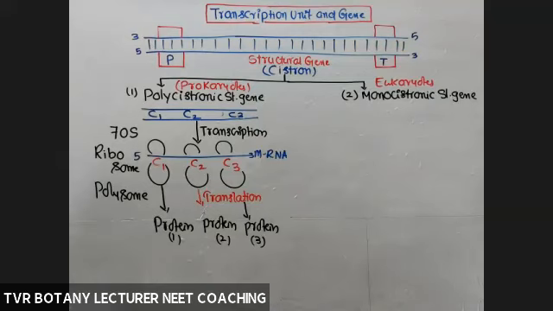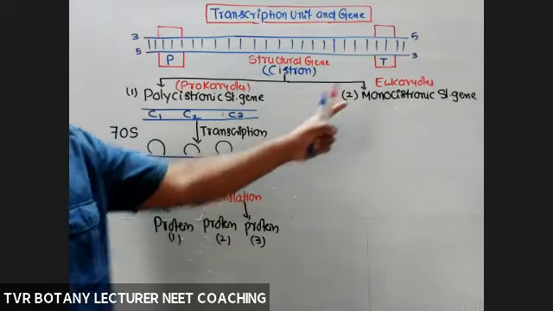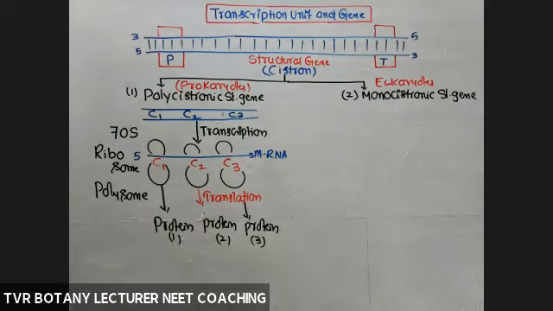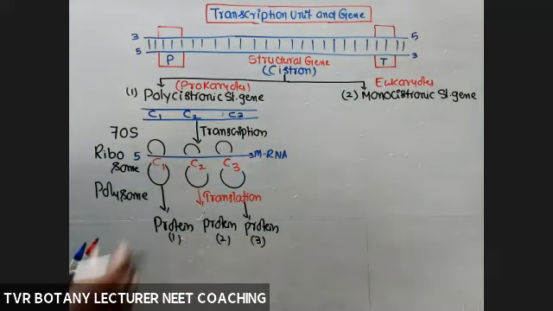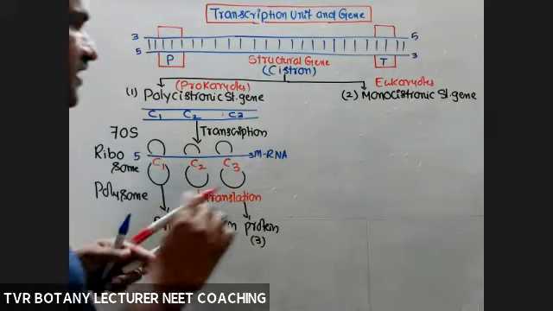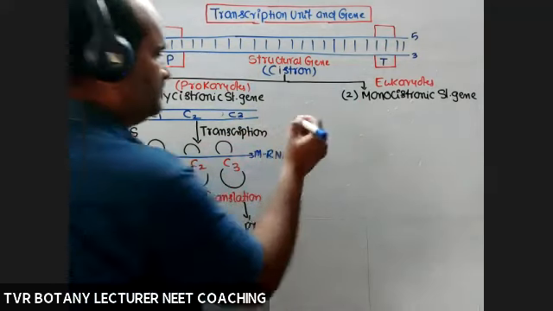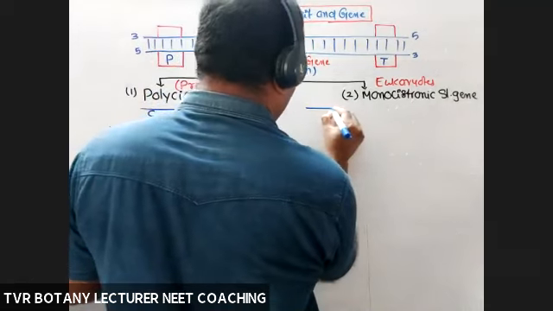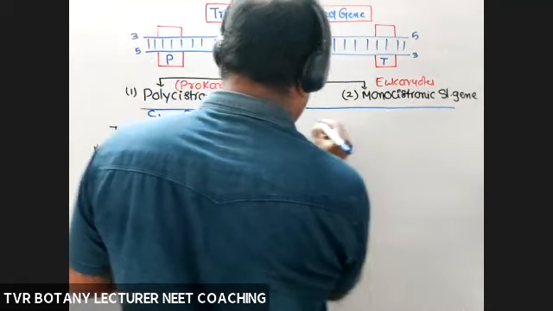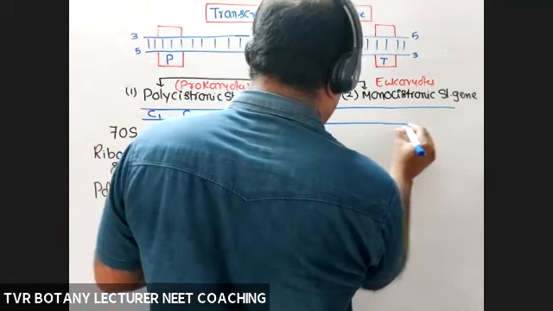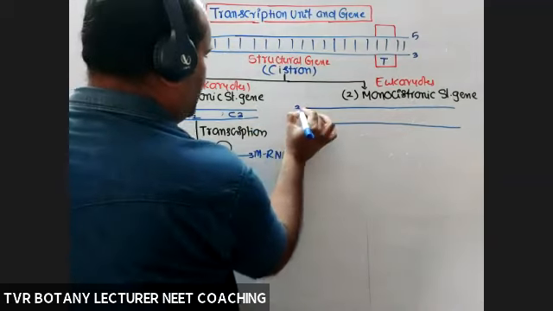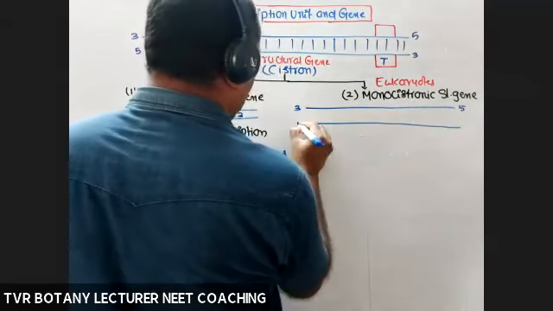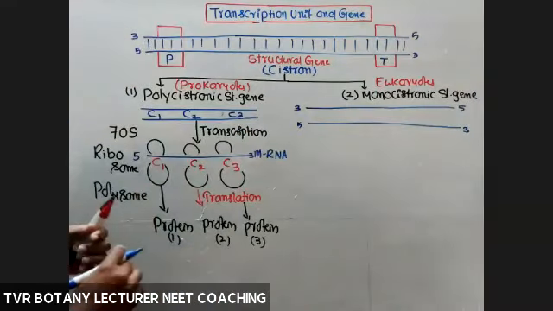Now, what is a monocistronic structural gene? A monocistronic structural gene is a little bit complicated and confusing, but with the help of this flowchart, you can understand it. Take a structural gene, the structural gene of a transcription unit of eukaryotes, 3' 5', 5' 3'.